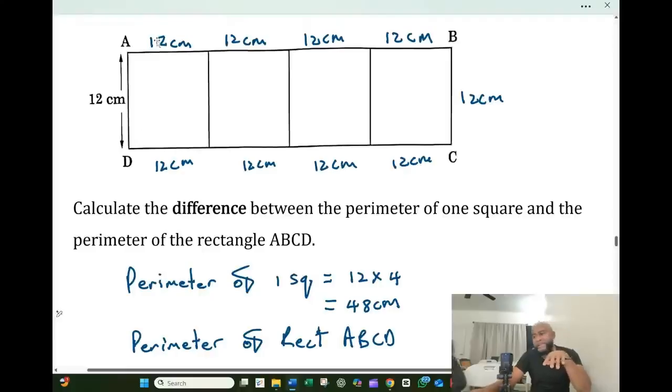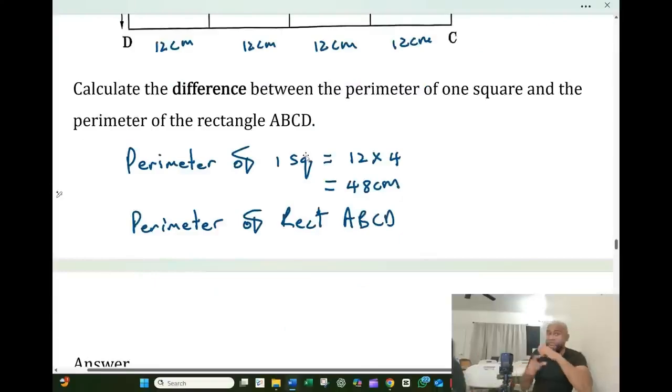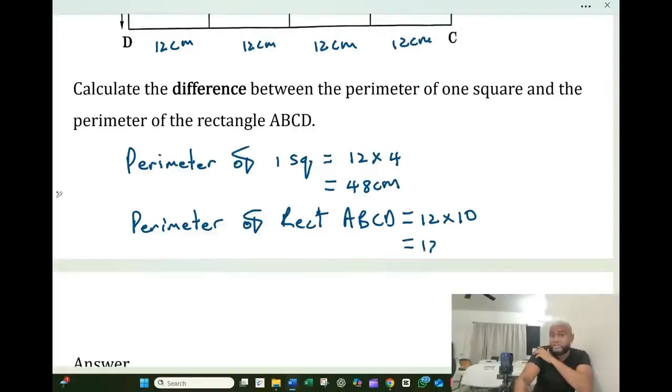You could say 12 plus 12 plus 12 plus 12 is 48, this line is 48, here will be 48, and then add 12 and 12. Or you can simply do 12 multiplied by 10, which gives 120 centimeters. That's the perimeter of the rectangle.